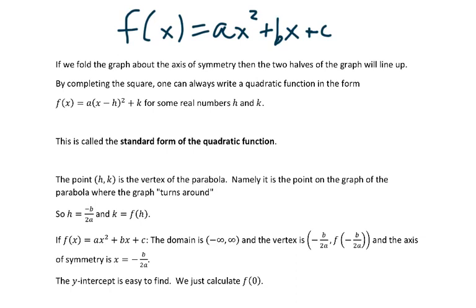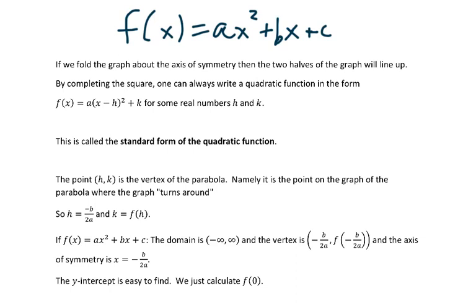Now you might be thinking, why would we even care about the standard form here? Well, if you have the standard form, you can easily get the vertex of the parabola. Namely, the point (h, k), as you can see down here, is the vertex of the parabola. Again, that's where the graph turns around, so to say.